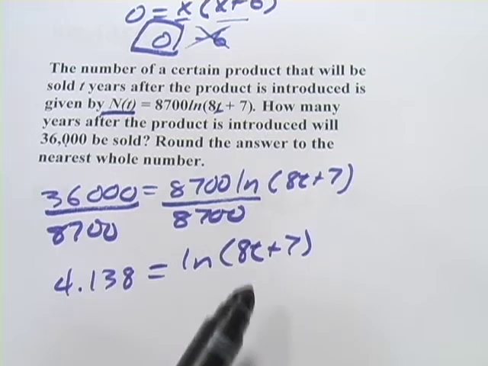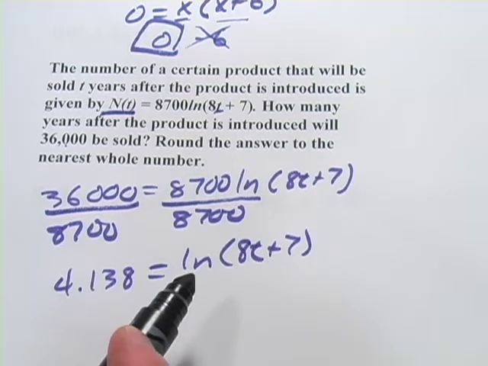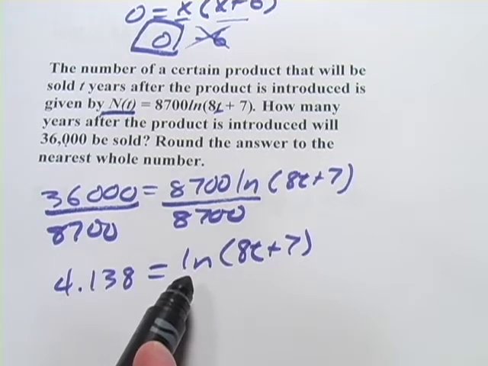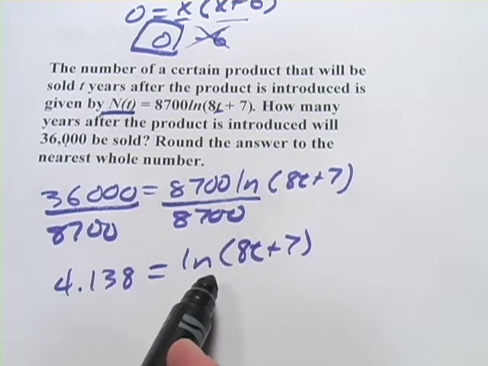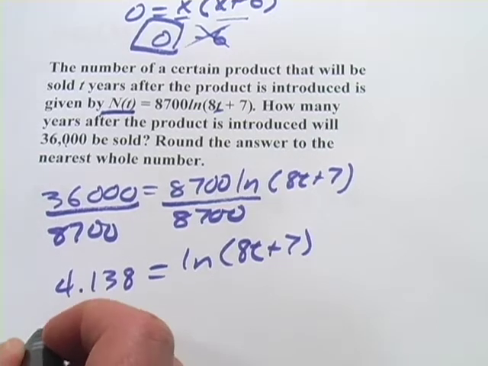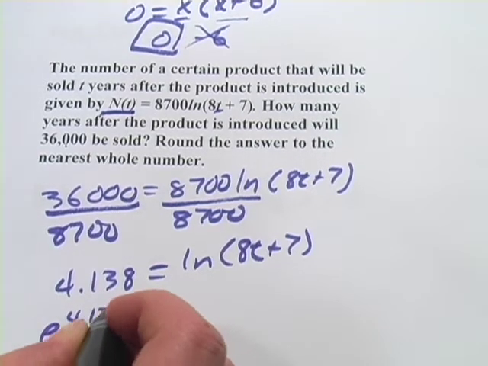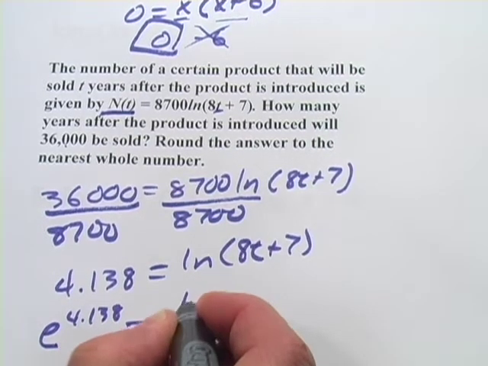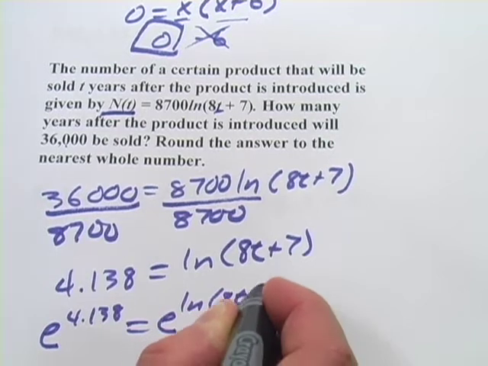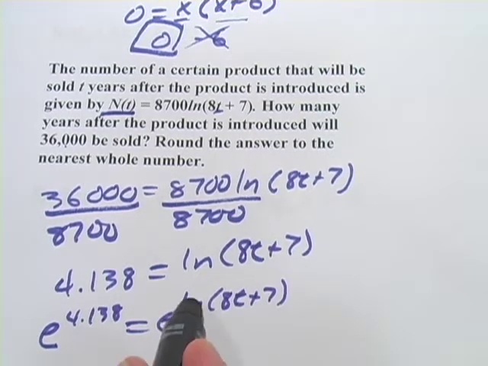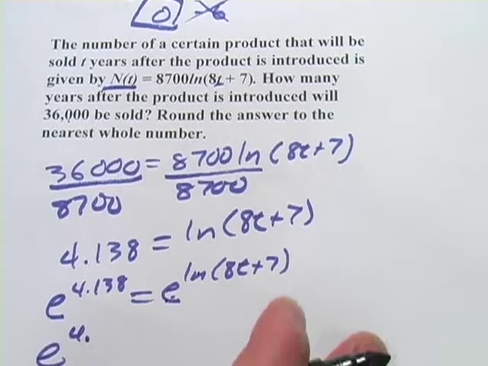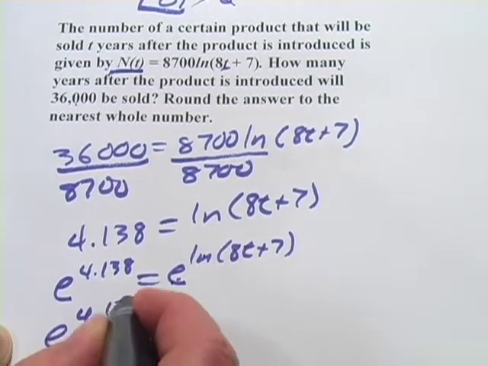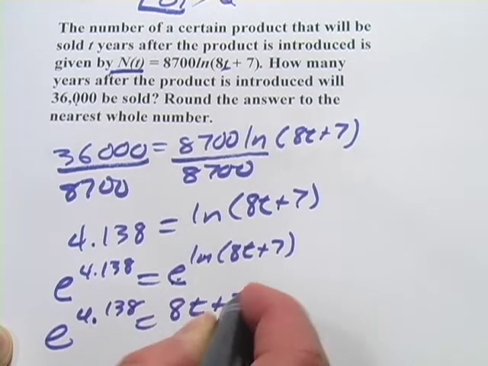Now, to get at that t inside there, I have to undo the natural log. The way to undo a natural log is to take e and put e to this power. So I'm going to do that to both sides. I'm going to set the left-hand side to e to the 4.138, and I'm going to set the right-hand side to e to the natural log of 8t plus 7, which these two things undo themselves, so that really comes out to e to the 4.138 equals 8t plus 7.